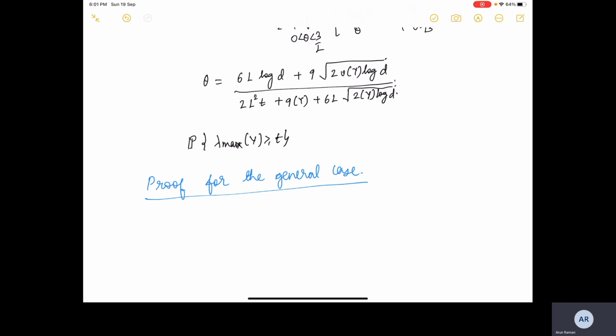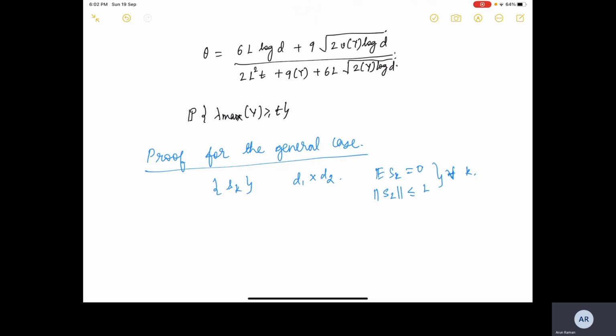This is probably the first time that we are going into general matrix structure. So recall, S_k are independent random matrices with dimensions d1 cross d2. They are zero mean, all those things still stand. Zero mean, and the largest singular value is bounded by L. These two are true for all k.